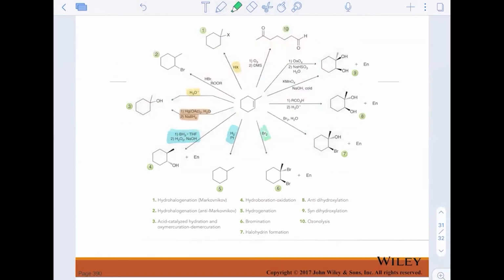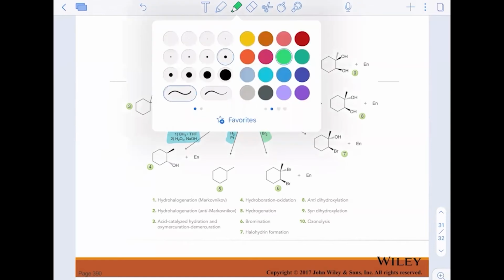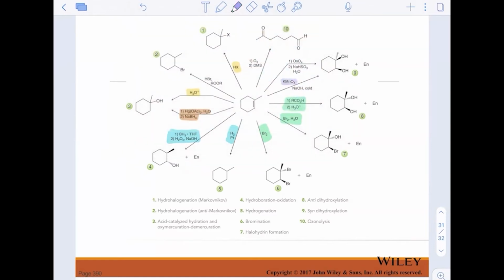Another anti-addition along with our oxymercuration was halogenation and halohydrin formation, right? And we also had our anti-dihydroxylation, which I also call epoxidation, followed by the acid catalyzed epoxide opening. And then we had our syn additions, where we added two alcohol groups to the same side of the double bond, right?